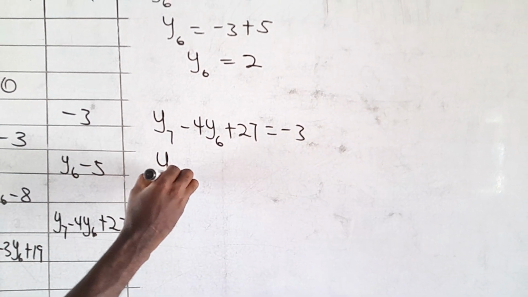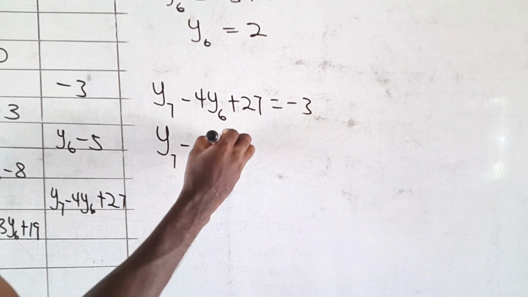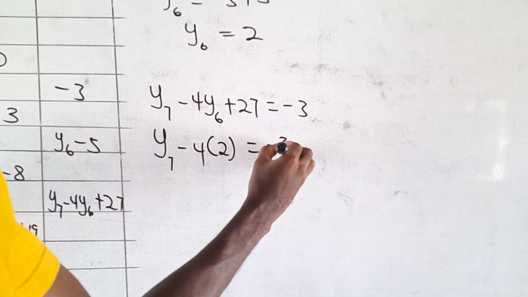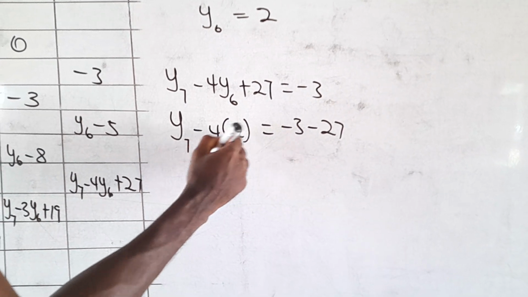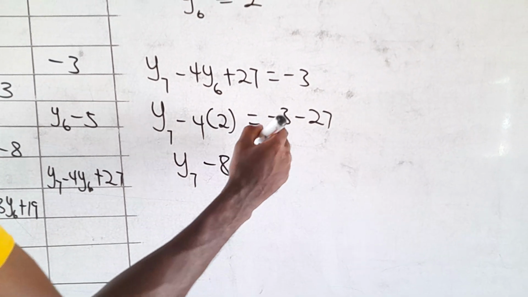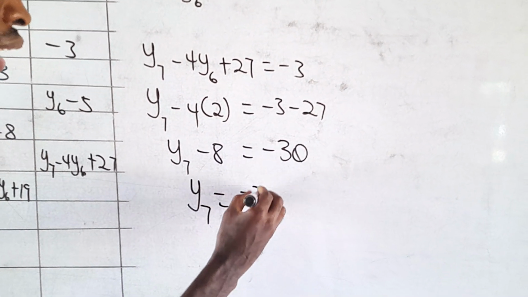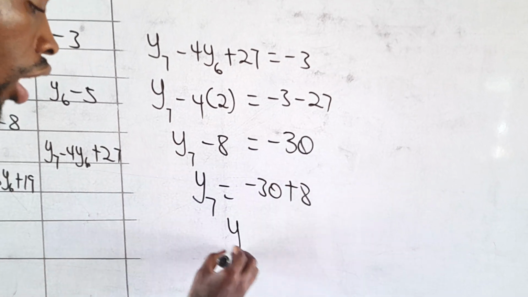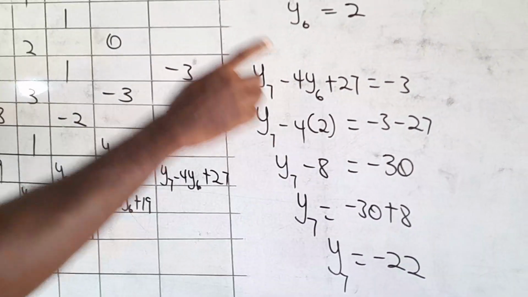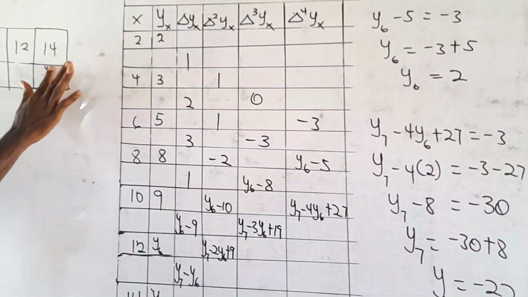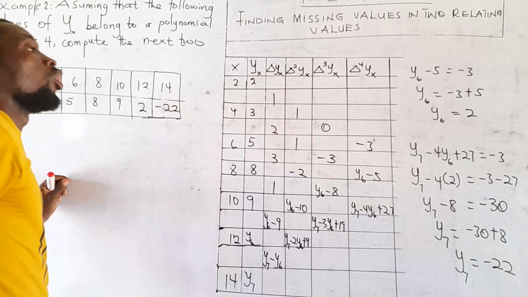So y7 minus 4 times 2, that will be minus 8, equals negative 3 minus 27, which gives minus 30. So y7 will be equal to minus 30 plus 8. Our y7 is equal to negative 22. So our y6 is 2 and y7 is negative 22. I hope you understand that.